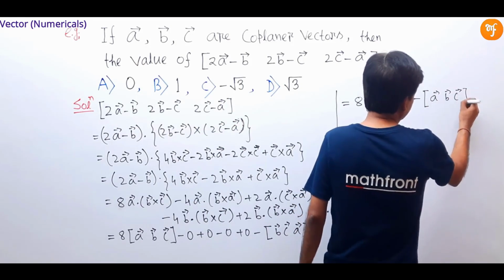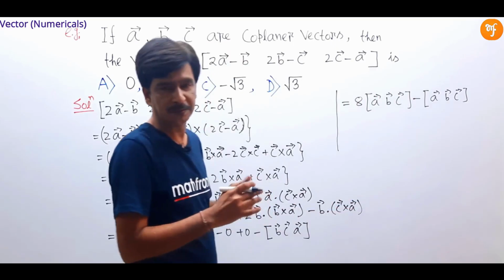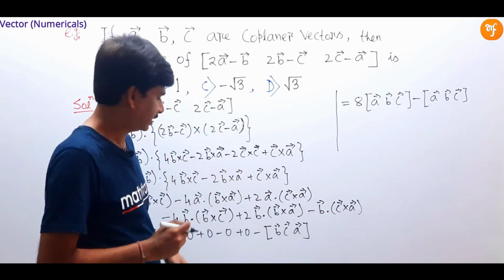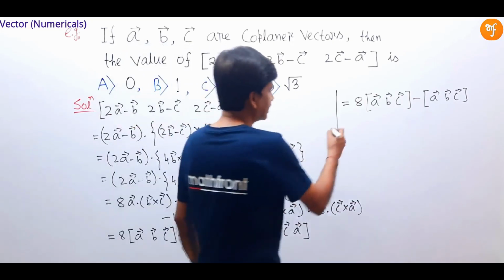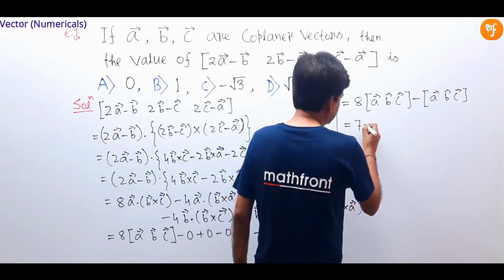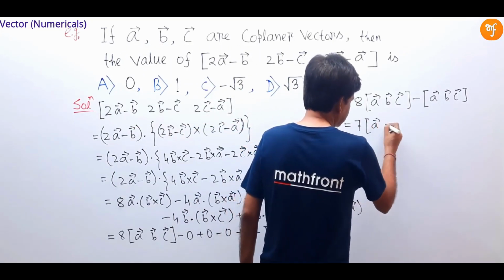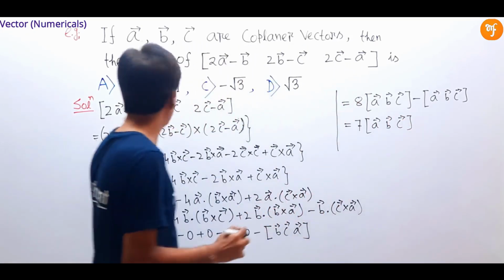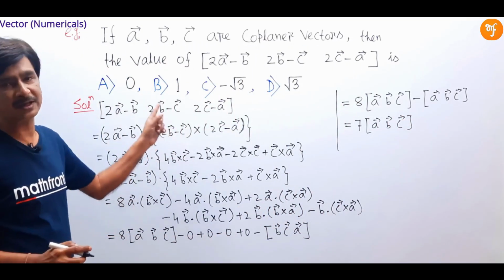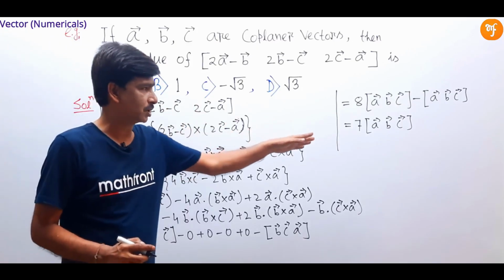The cyclic order we know, box of abc is equal to box of bca is equal to box of cab. Okay, so box of bca can be written as box of abc. So what is the result? The result is 7 into box of abc. So we get box of 2a minus b, 2b minus c, 2c minus a is equal to 7 into box of abc.